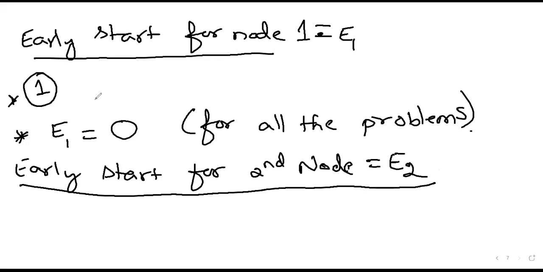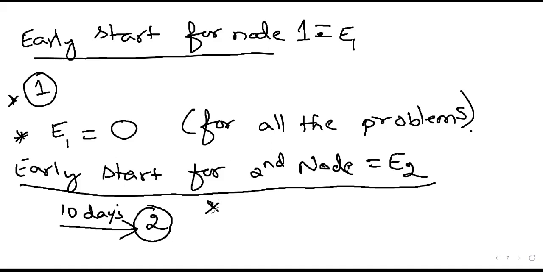So in order to understand the early start for the second node, we have to see how many activities actually finish on it. There is one activity which finishes on the second node, and the total duration for this is 10 days.